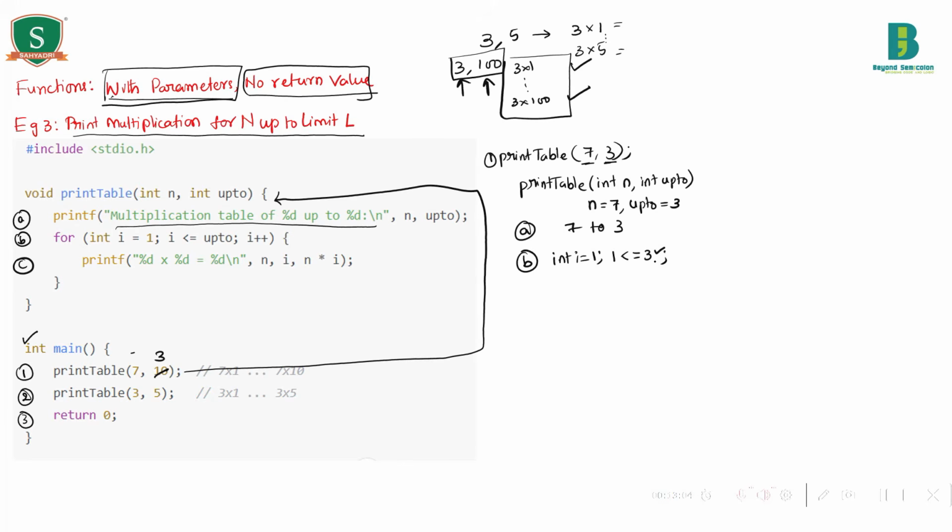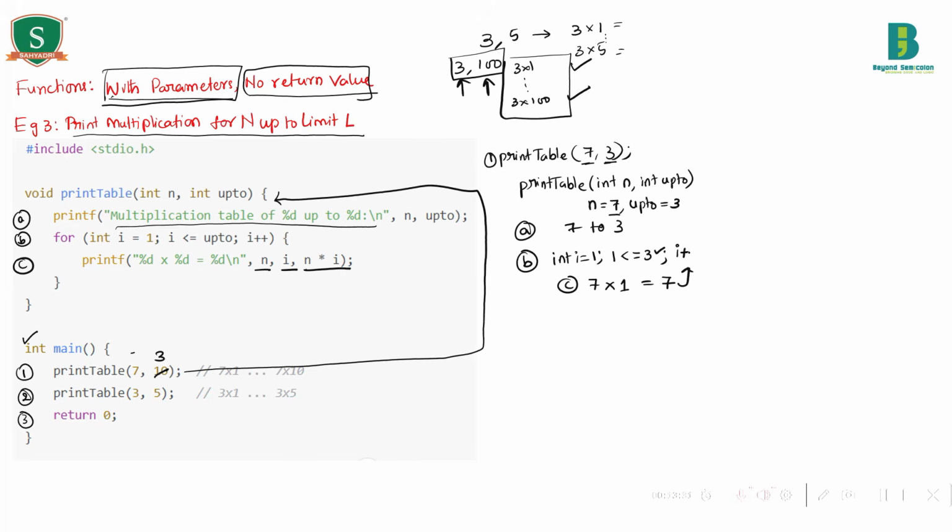The condition is true. It enters inside and prints the n value and i value. What is the n value? The n value is 7 multiplied by the i value 1. Of course, this is the C statement, n into i. 7 multiplied by 1 is 7. This is the statement it prints.